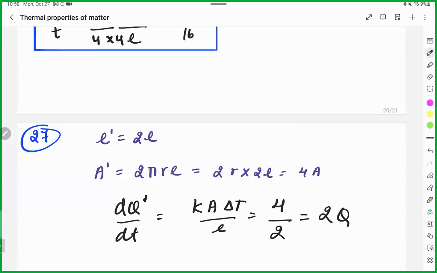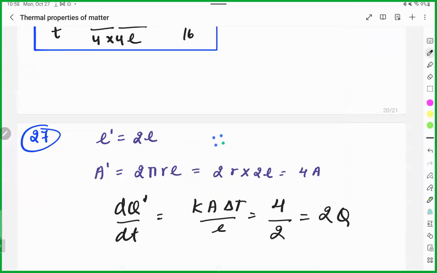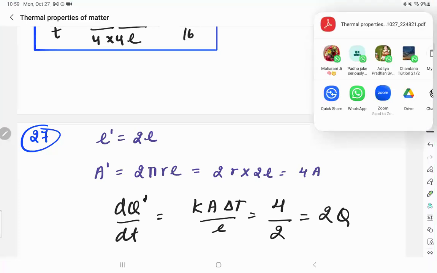I will send this PDF as well, where you have all the short notes. Anything else we are left with from this chapter? But remember, unless you solve 100 questions, 60 from thermodynamics and at least 40 from this chapter, you won't be confident.